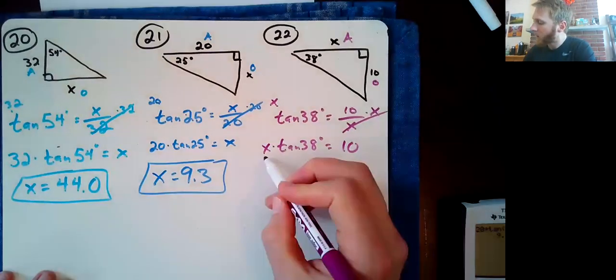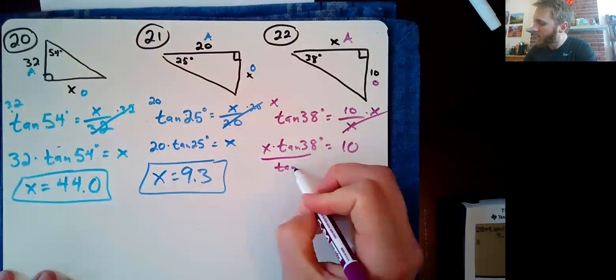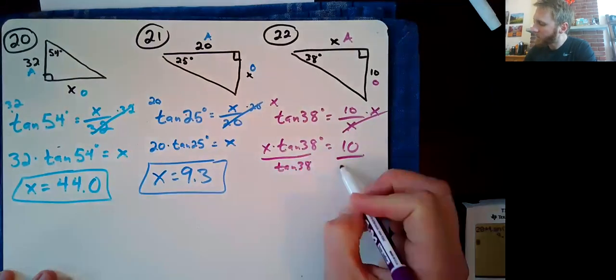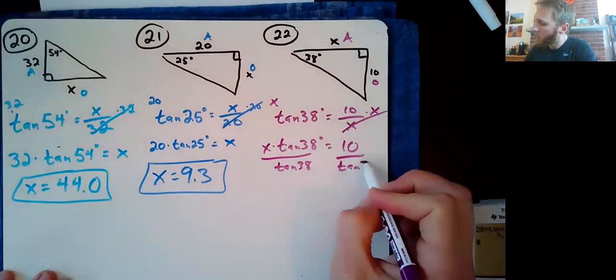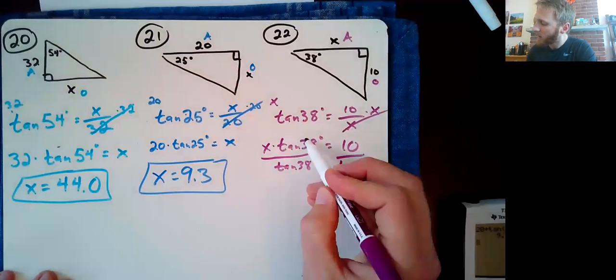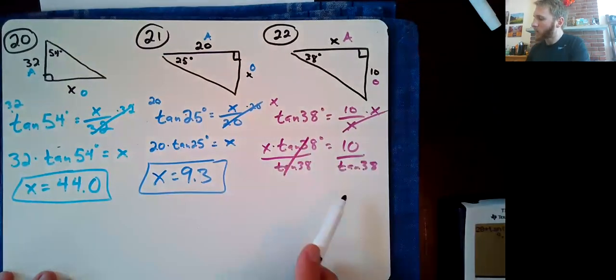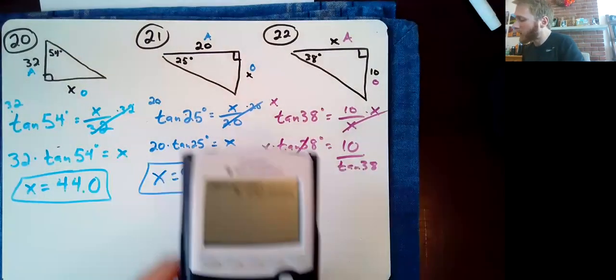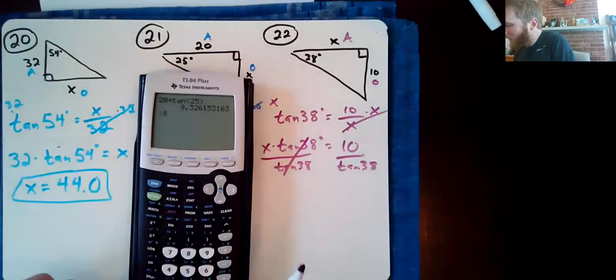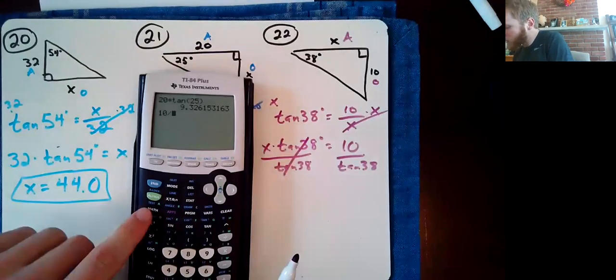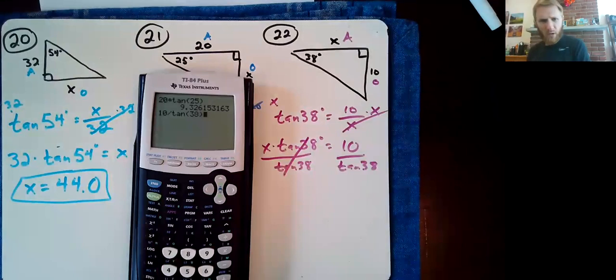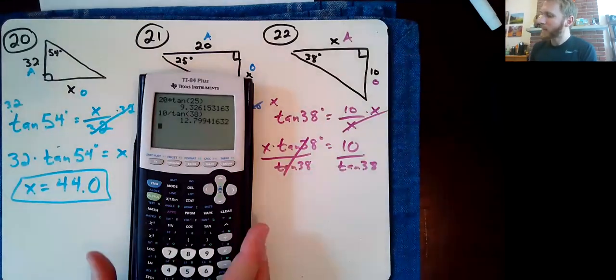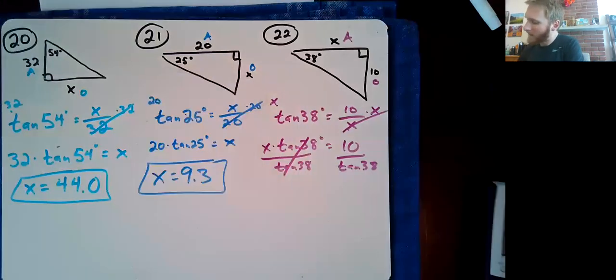So I want to divide by tangent 38 degrees on both sides. The one difference in typing this into your calculator is now, because that cancels, I want to type it out with some division. So I'm going to type in 10 divided by tangent 38. Just like that, and you get your answer. Rounded to the nearest tenth is 12.8.